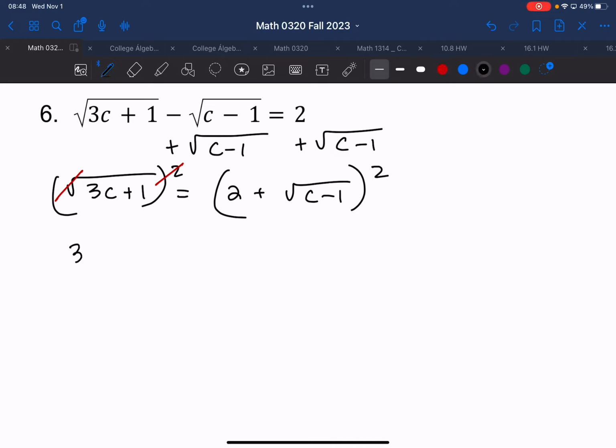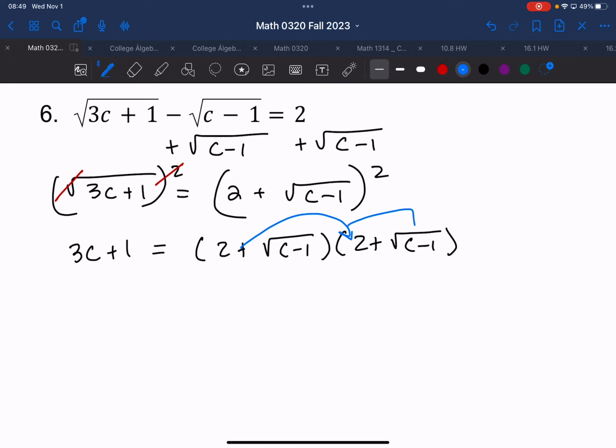So I'm left with 3c plus 1 is equal to, what is that square telling us to do with that parenthesis? Write it twice. So that means we're going to use what method? Foil. Okay. So we're going to FOIL this out in order to simplify.